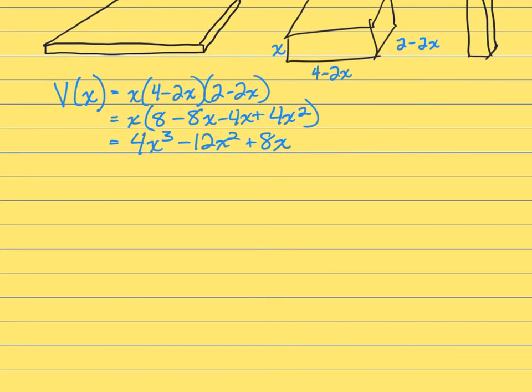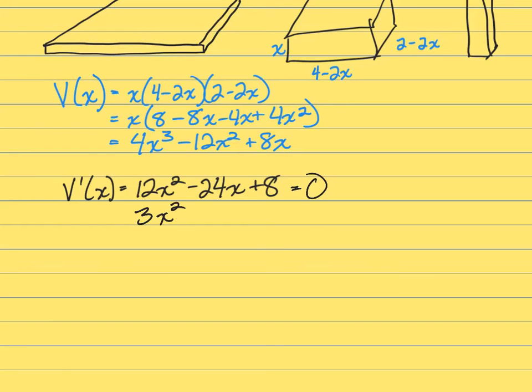So we know what that means. We're going to find the derivative and set it equal to 0 to find the critical points, right? Probably on this one I'm going to divide everything by 4. Maybe that'll make my life a little easier as my first step of solving the equation.